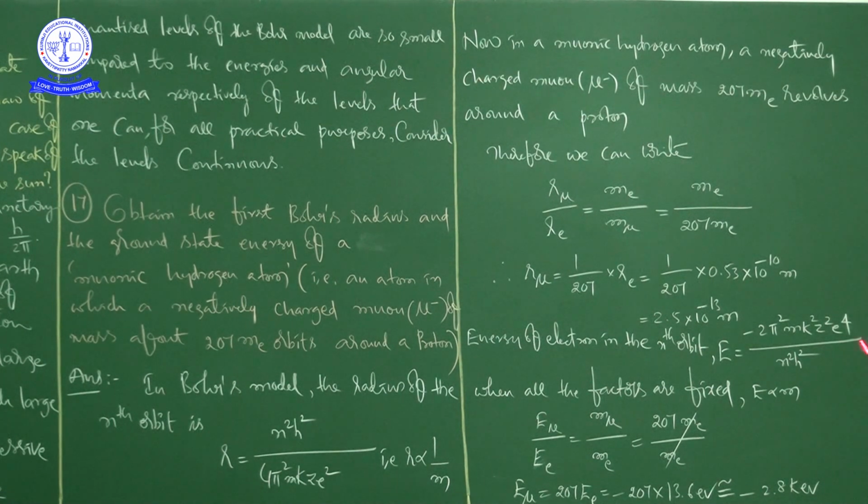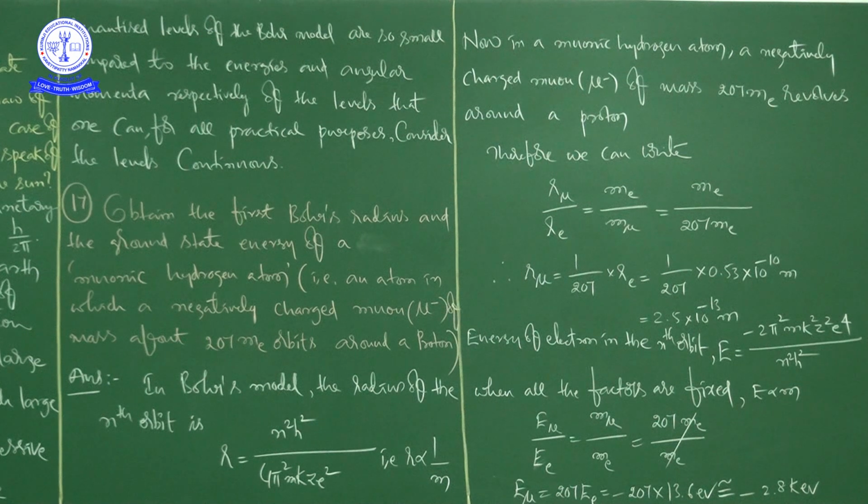So from this expression, what can I write? Because in the problem the only source given is the mass of the muon, that's why to calculate energy we are taking mass. That is the logic behind that.